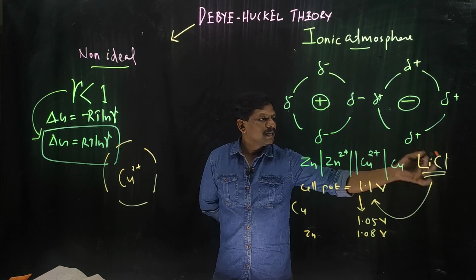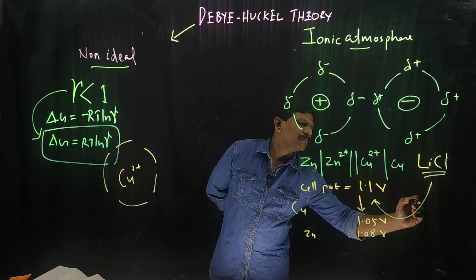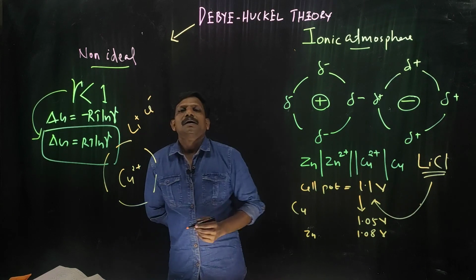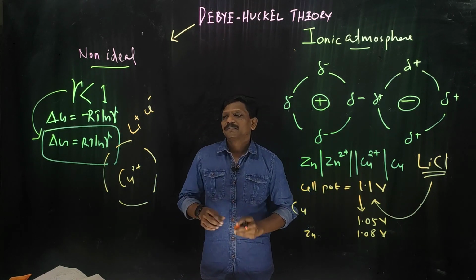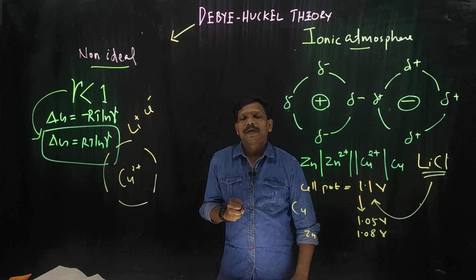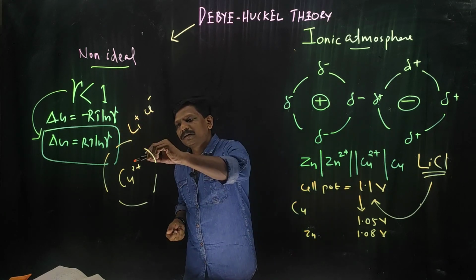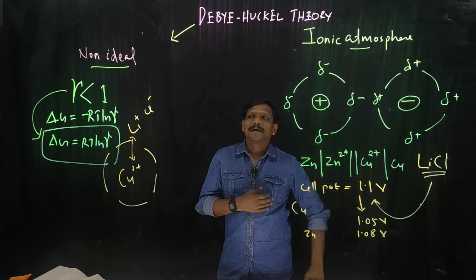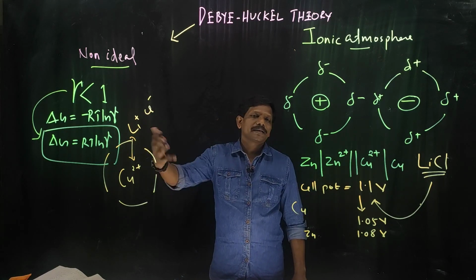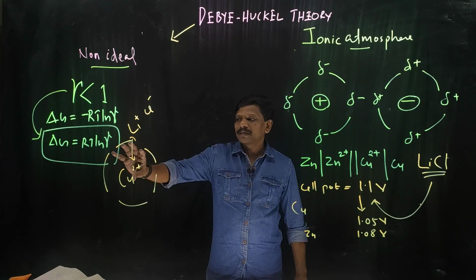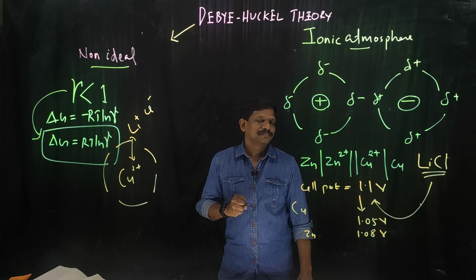When you are adding LiCl, that means lithium plus and Cl minus ions, there will be formation of another ionic atmosphere. Normally Cu2 plus and Li plus will repel, and there will be attraction also. Attraction terms are there, but repulsion terms are also there.